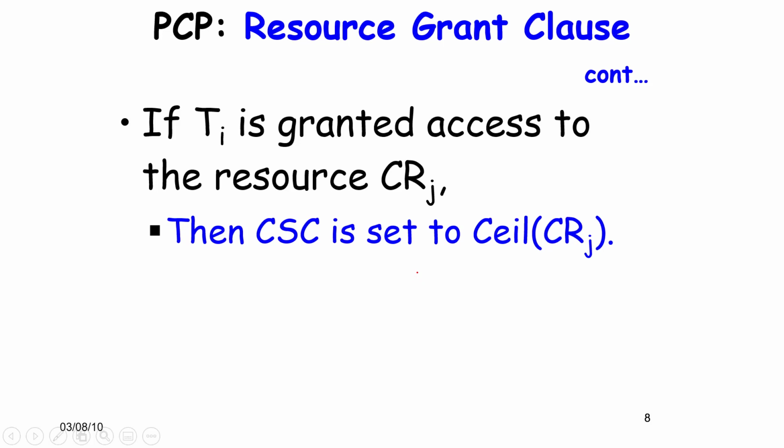If Ti is granted access to the resource Crj, what does this mean? What this means is that either the priority of Ti is equal to the current system ceiling, fair enough, or the priority of Ti is greater than the current system ceiling, which is the other clause.